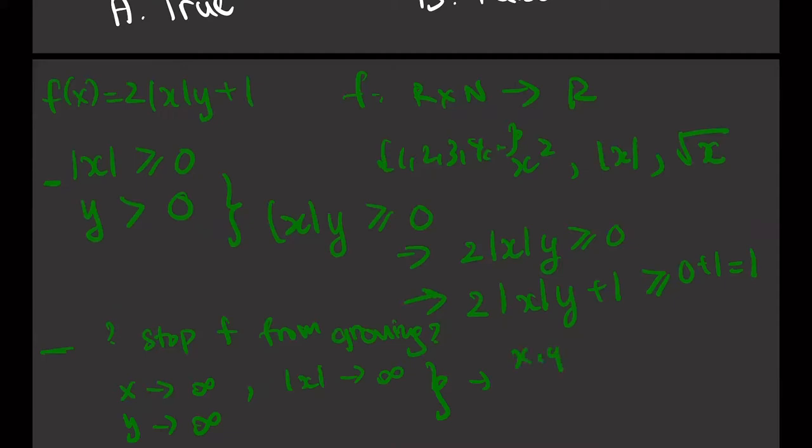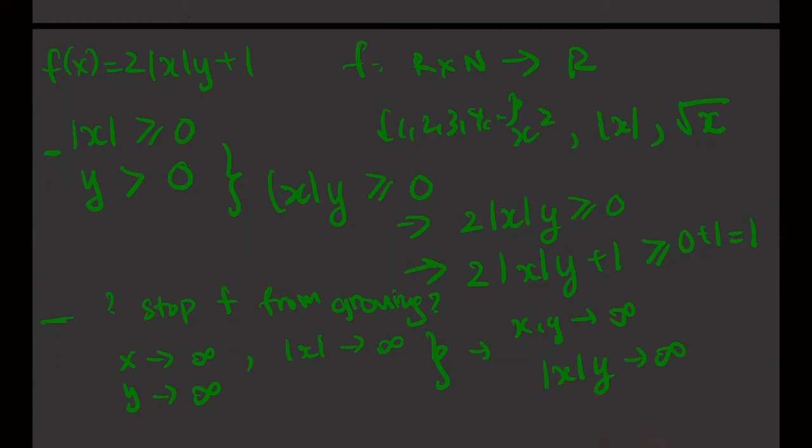So as x and y go to infinity, absolute value of x times y will go to infinity. Like there's nothing to stop it from growing. So even if you times 2 and you plus 1, it will just be infinity. That's why I know the image would be 1 up to infinity. Okay.